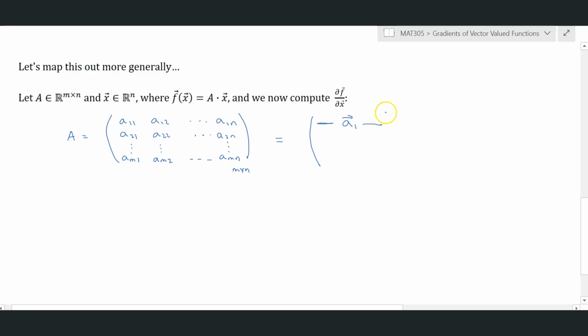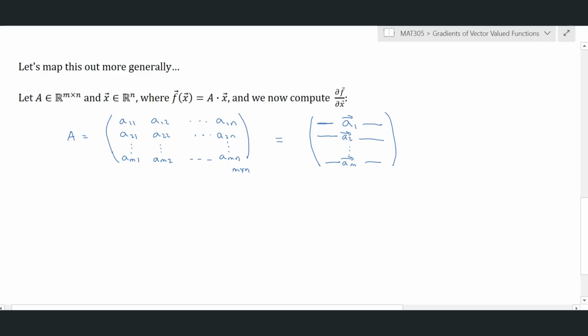Now it's a row vector. A1 is a row vector, meaning it's a row of elements, not a column of elements. And then I'll do the same thing for A2. A2 will be another row, all the way down to AM will be another row. This is just one way to write it. You could also express it in terms of its columns, but we're going to do it this way for now.